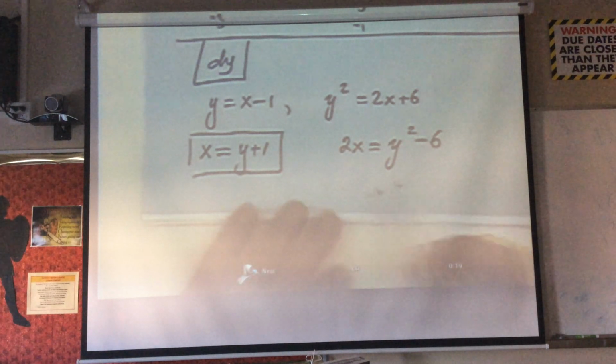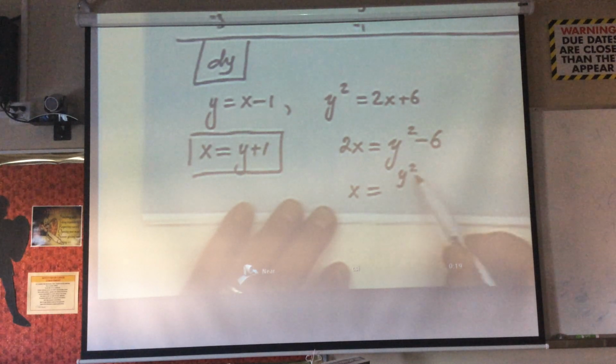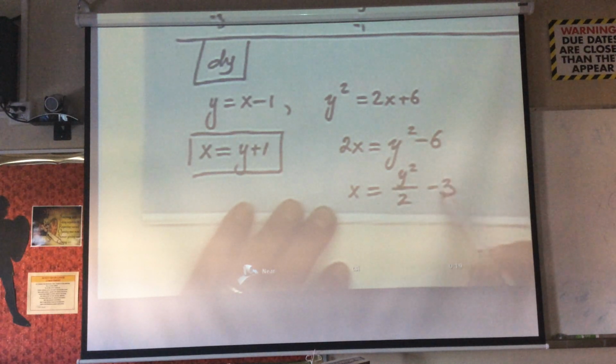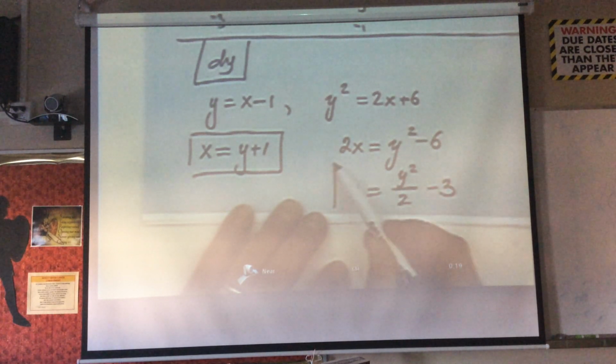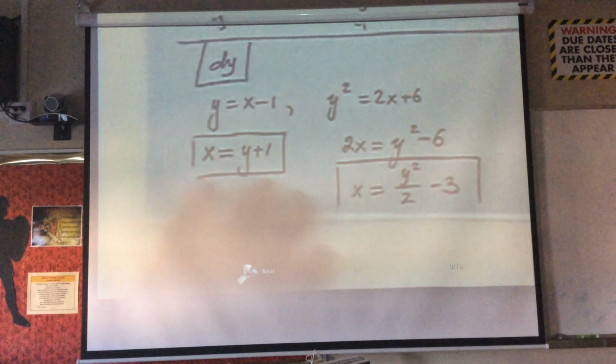And then I will divide each of them by 2. So I have y squared over 2 minus 3. So you just switch the variables, but now you have different functions. When you graph it, it's the same, but as the look, we have different functions.